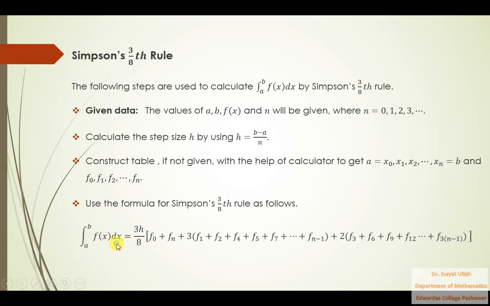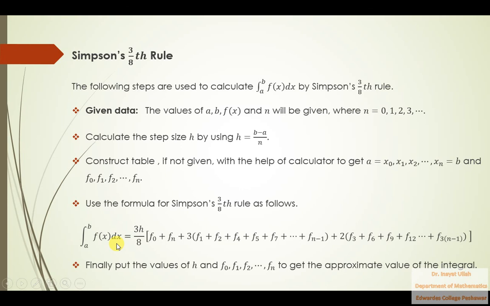Remember this formula. Finally, as in the previous slides, we need to put the value of h and the values of all those function values to calculate the approximate value of this definite integral.